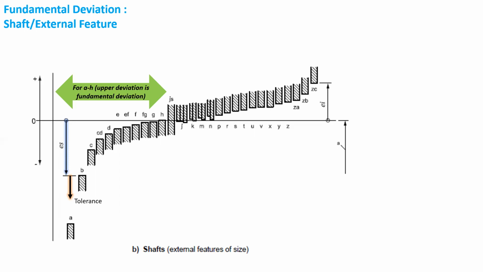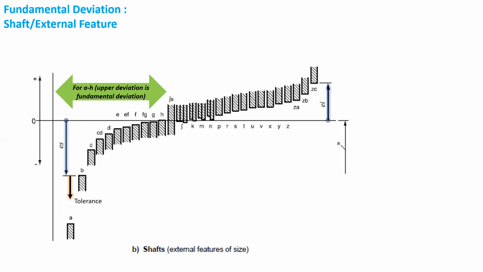And we can notice that for shafts designated with fundamental deviation a to h, the upper deviation will be the fundamental deviation, and as we move from shaft a to shaft h, the fundamental deviation becomes less and less until at h it becomes 0.